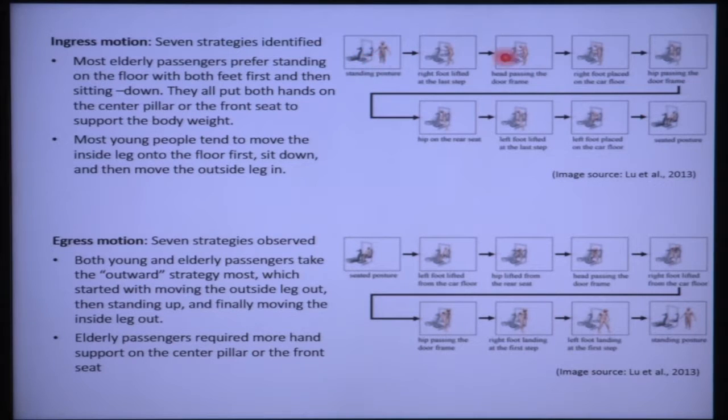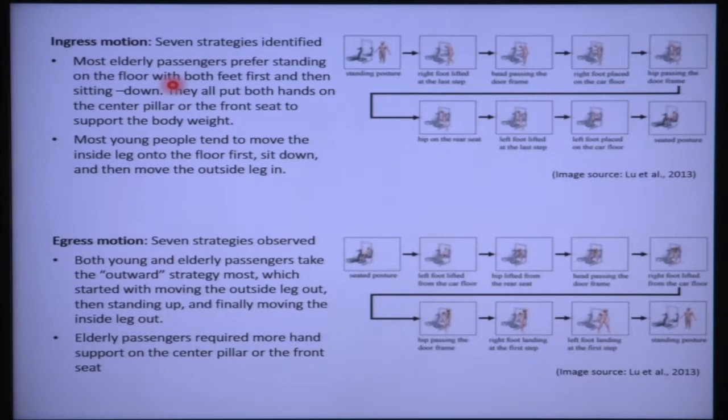There they have shown different steps, from the person standing outside of that vehicle and gradually, step by step, moving in and ultimately sitting on the vehicle seat. So, this is the total sequence for ingress. Generally, out of this sequence, they identified that there are a total of 7 different strategies which are adopted by the drivers.